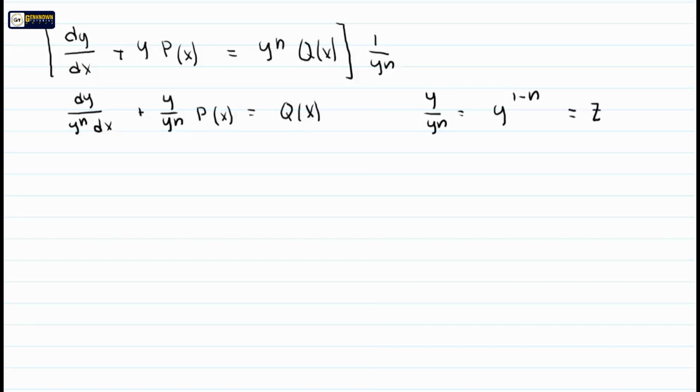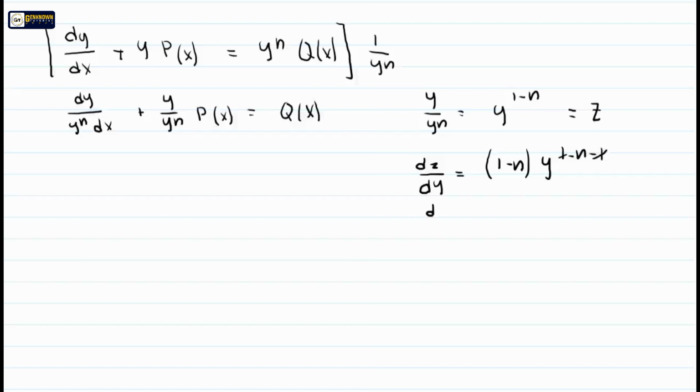Okay, so let us differentiate z with respect to y. So dz over dy is equal to 1 minus n multiplied by y raised to 1 minus n minus 1, and 1 minus 1 is equal to 0.